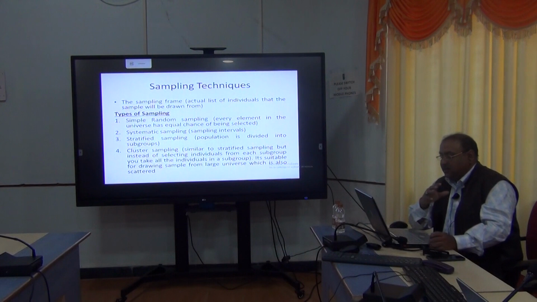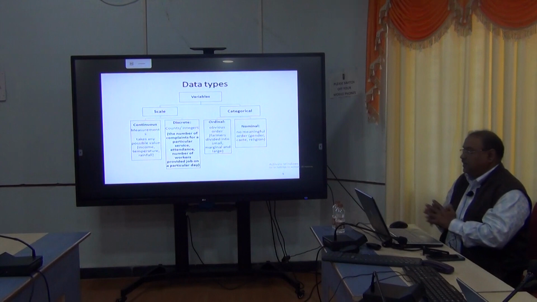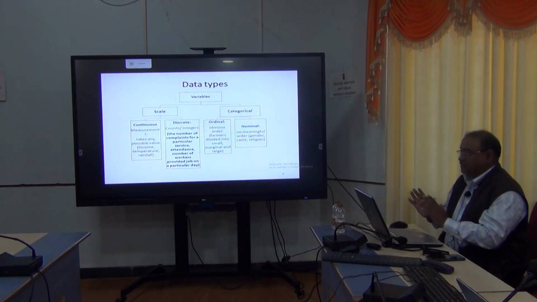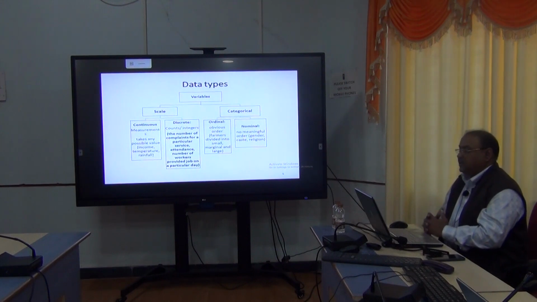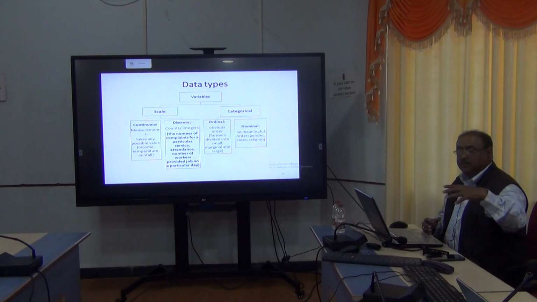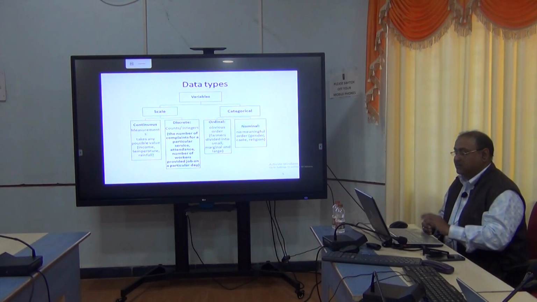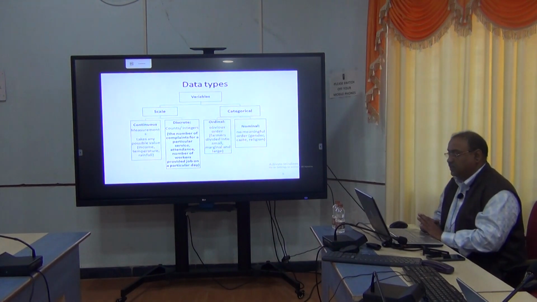So when there is a large universe we are dealing with, we generally go for cluster sampling. This is a graphical presentation of it. Does anybody want more focus on sampling techniques? Okay, so that part is clear. That's why I am doing just one slide on that.